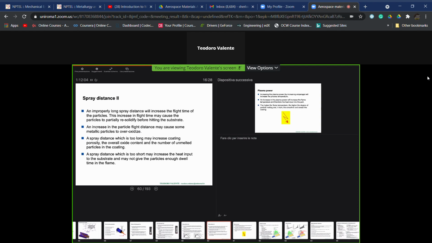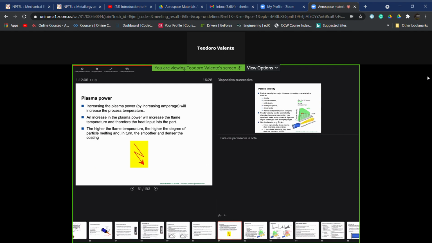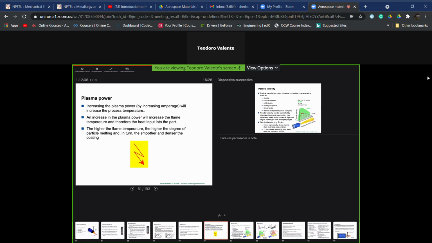quality. Also, the plasma power is important, because obviously, if you increase the plasma power, for example, by increasing wire rate and by increasing amperage, because usually the electric arc is obtained by forcing a fixed current intensity, which will result in a difference of voltage between the two electrodes.